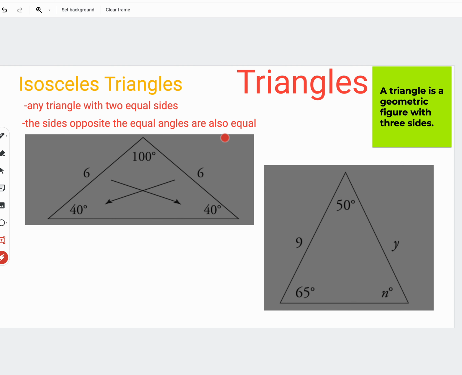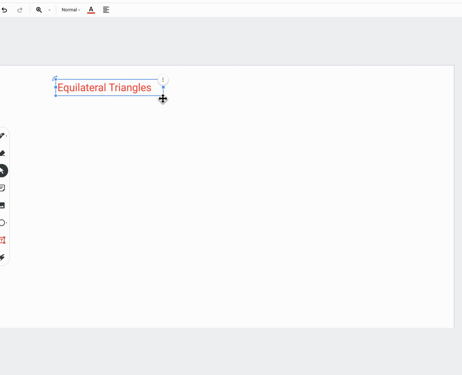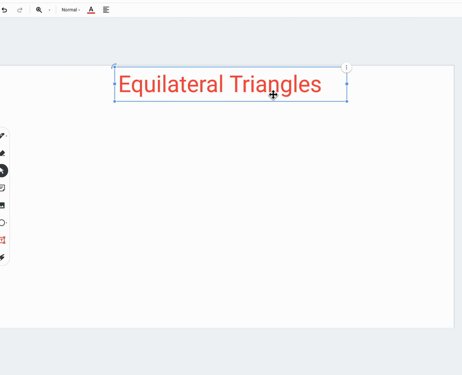Now let's take a look at equilateral triangles. An equilateral triangle has three equal sides.